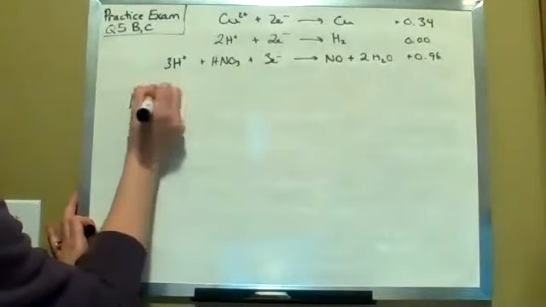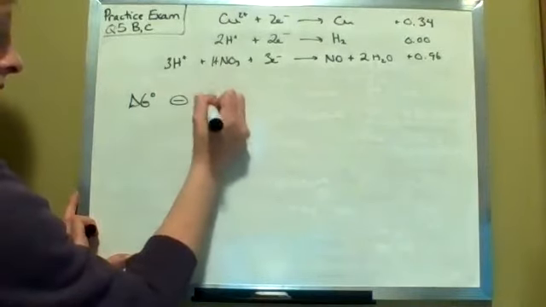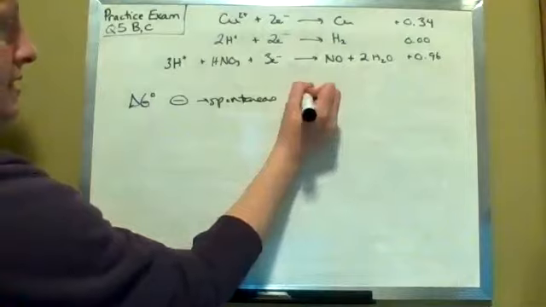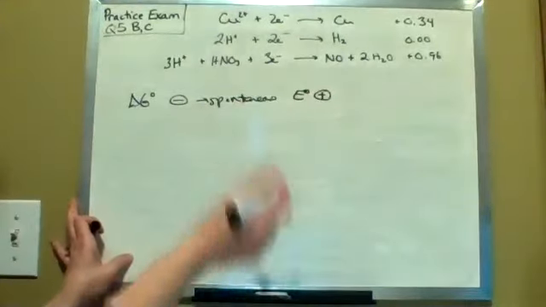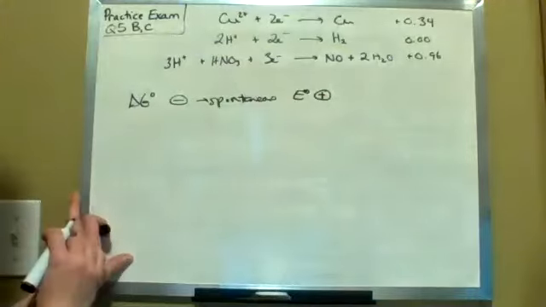So think of delta G naught, right? You can tell it's spontaneous if it's negative. So E naught has to be positive, as we just did in the last question. To be spontaneous, you need negative delta G or positive E naught.